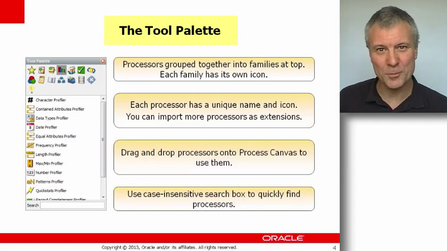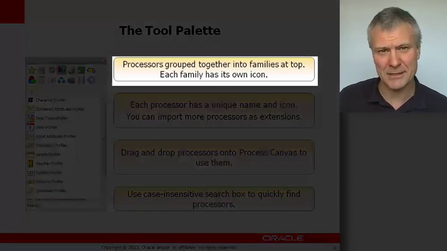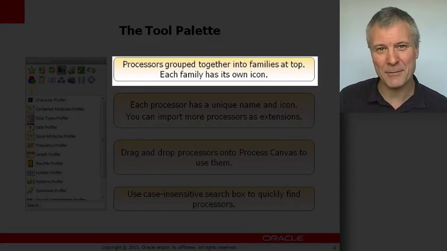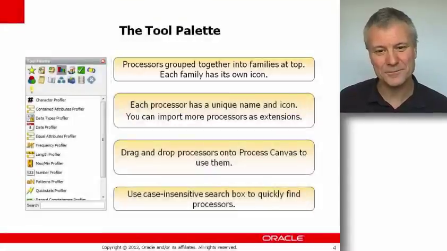Okay, let's think about the tool palette on the right hand side of the screen that I showed you in the demo. That's where the processes live, the tools that allow you to do things with your data, manipulate it, understand it, change it, and so on. And remember, the processes are divided into processor families. I showed you the profiling family and the audit family and the transformation family, the matching family, and there's various other ones as well.